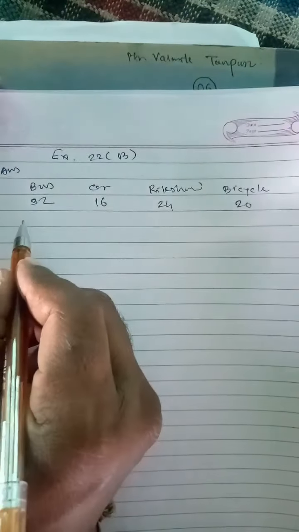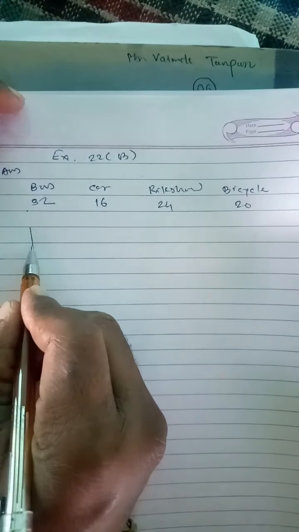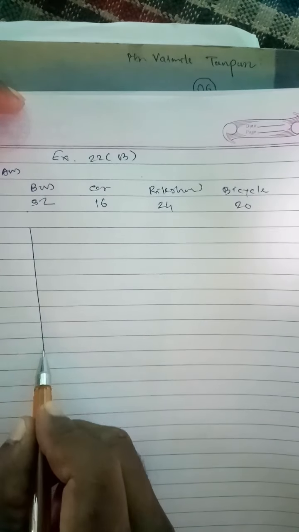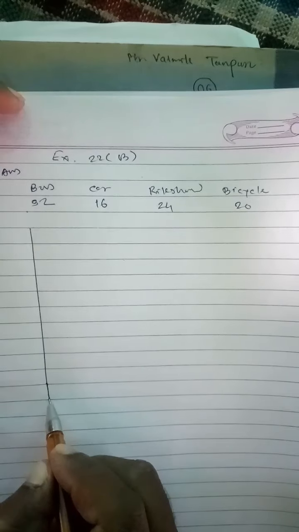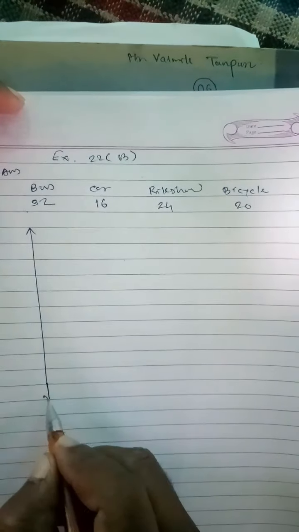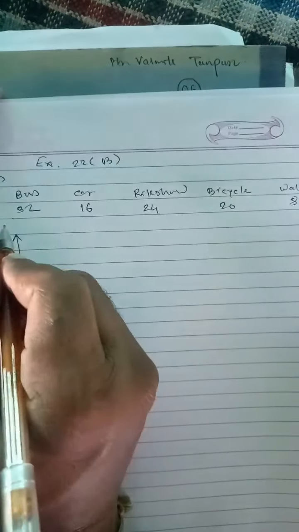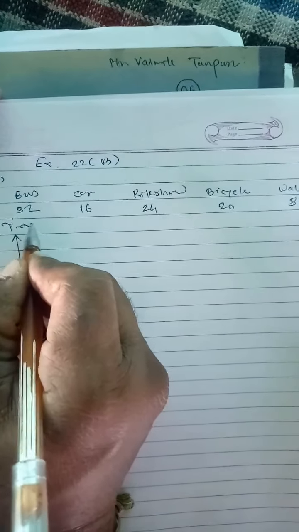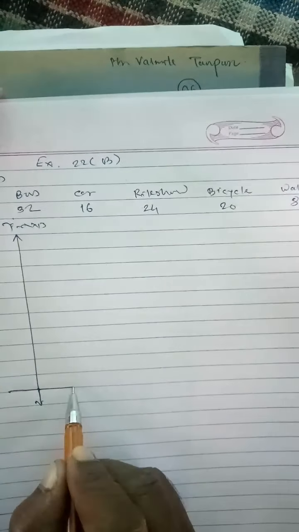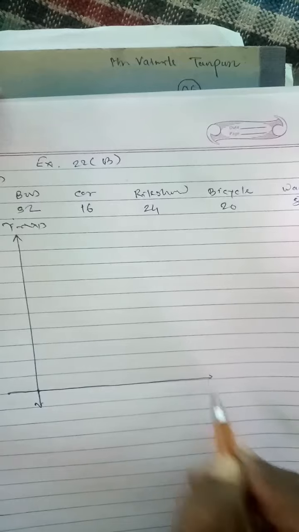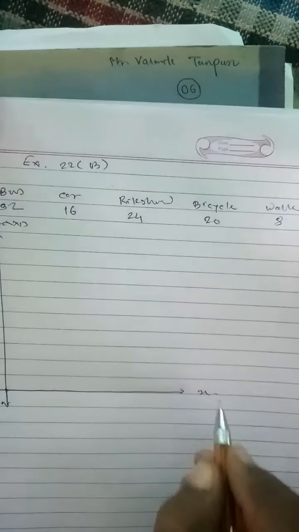First, you have to understand that the vertical axis, which you draw with the help of a scale and pencil, is known as the y axis, and the horizontal axis is known as the x axis, which we have studied in previous classes.